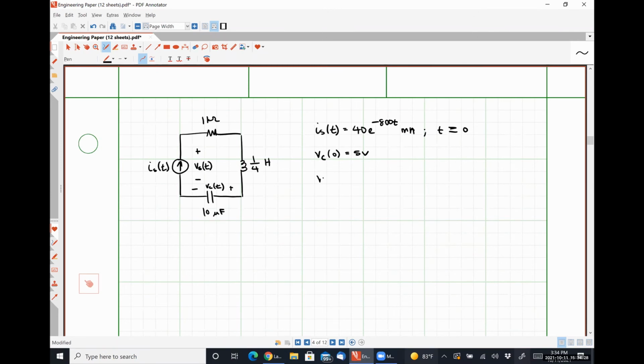And our goal is to figure out what Vs of t is for t greater than or equal to 0 seconds. All right. I would argue that this is probably one of the absolute hardest questions or close to it that I could ask you on any of our circuits tests.